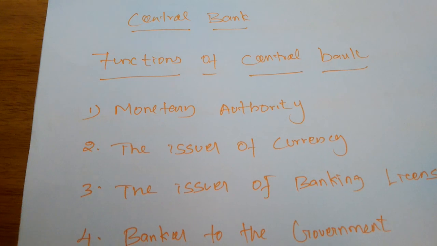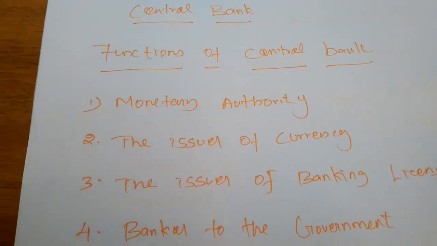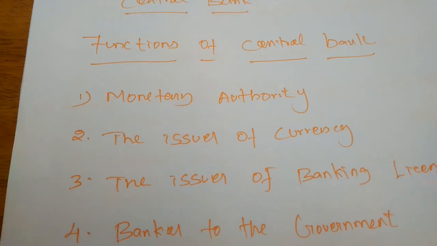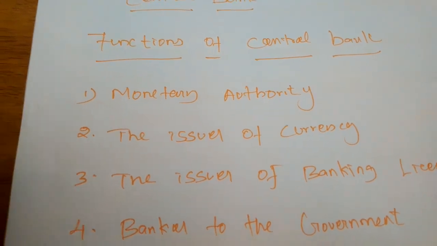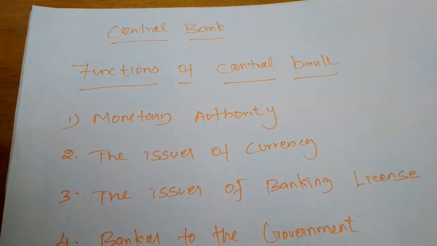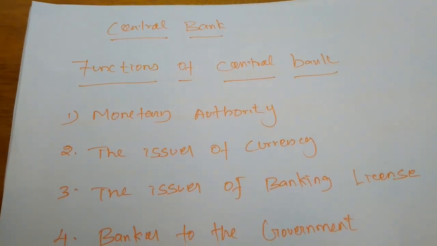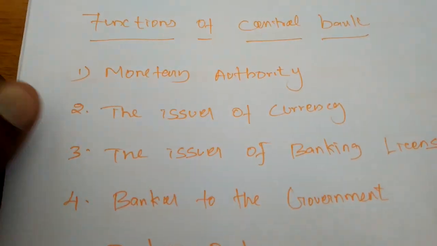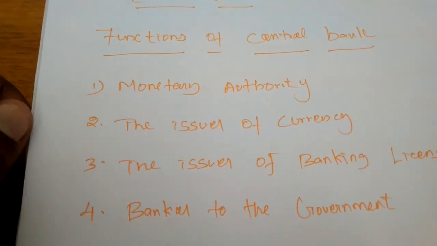The central bank, or the reserve bank, or the monetary authority, is an institution that manages a state's currency, money supply and interest rate. So the money supply, the state's currency and the interest rates, everything will be determined by the Reserve Bank of India only.